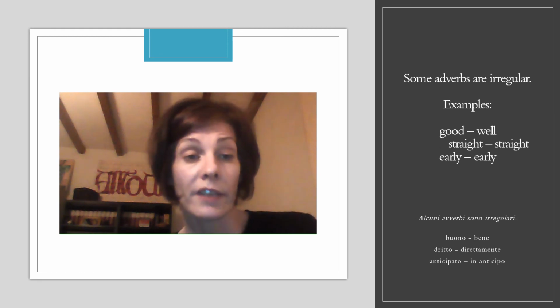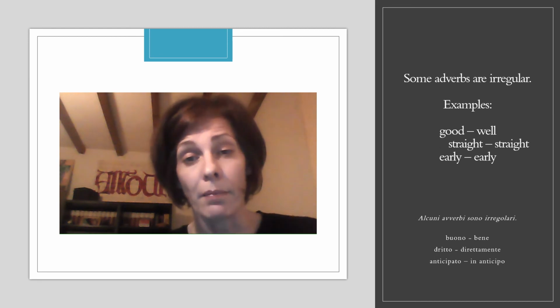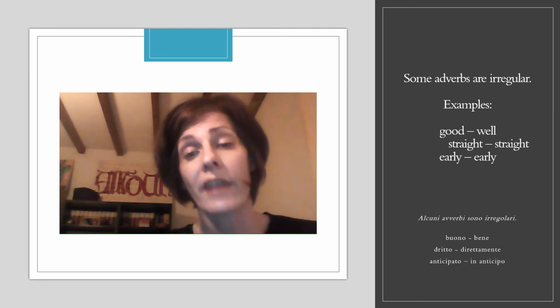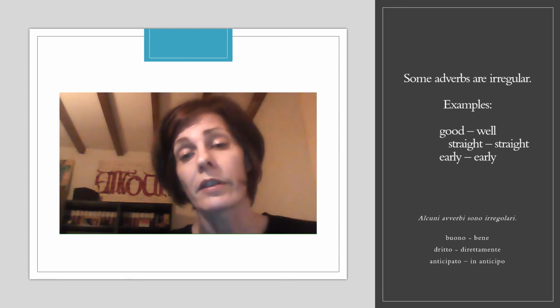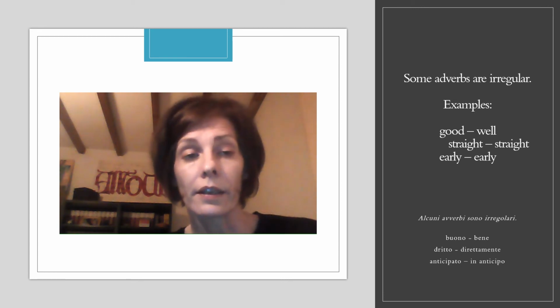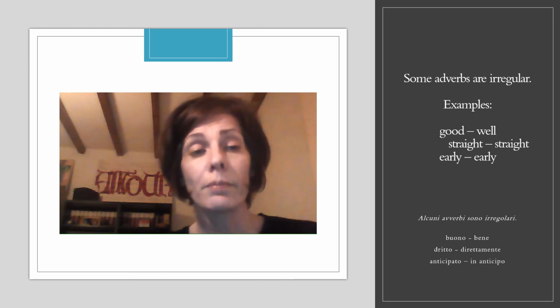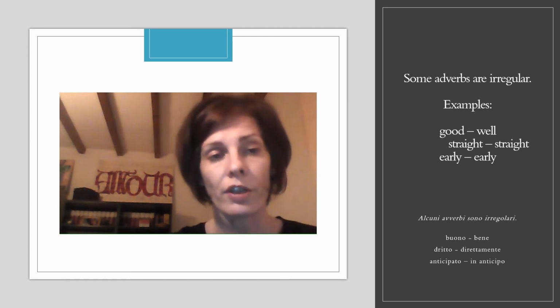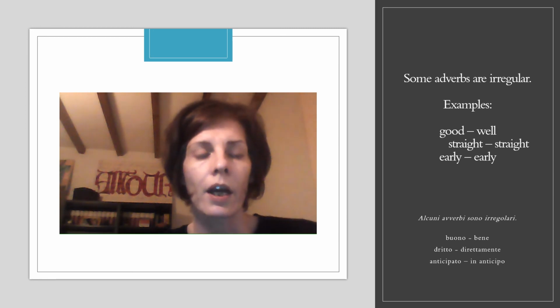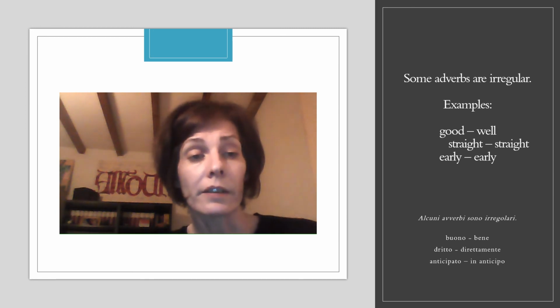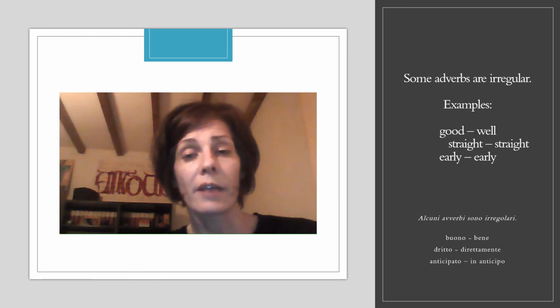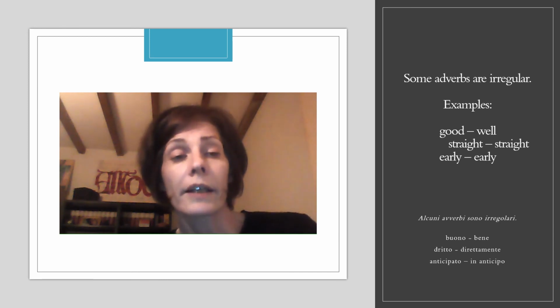When adjectives and adverbs are the same, we consider them as irregular. Other examples are straight or early. Straight or early could be an adjective or an adverb, depending on the situation and how they are used. On the other hand, irregulars that can be recognized, for example, are words like good.